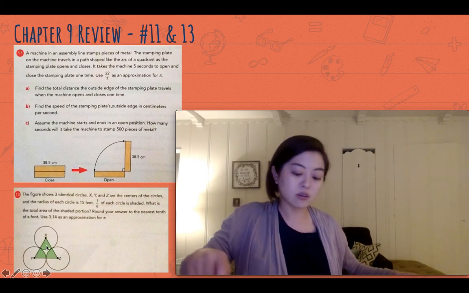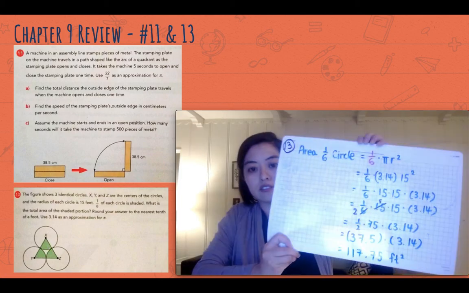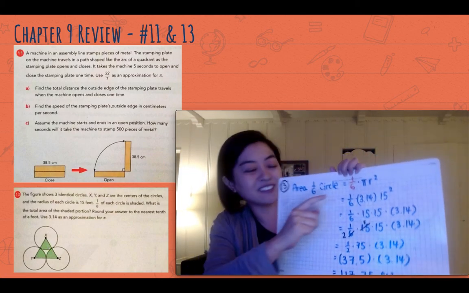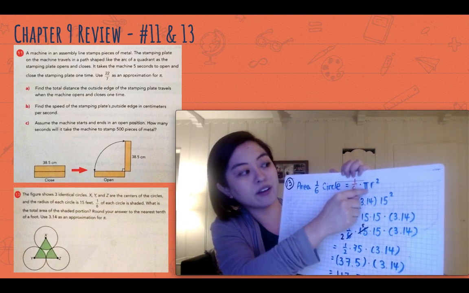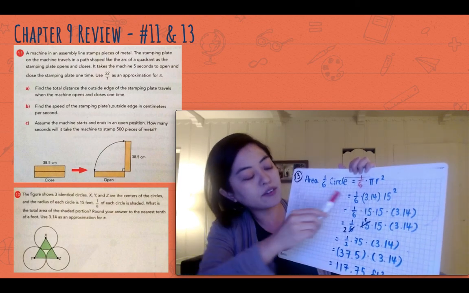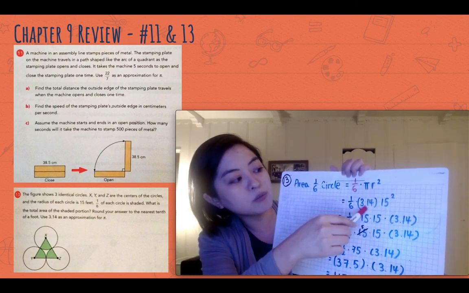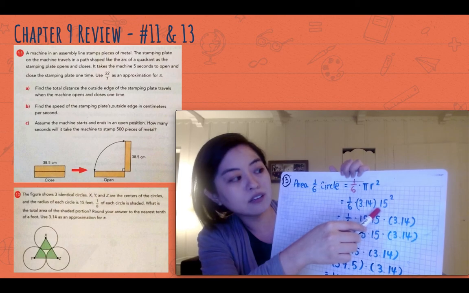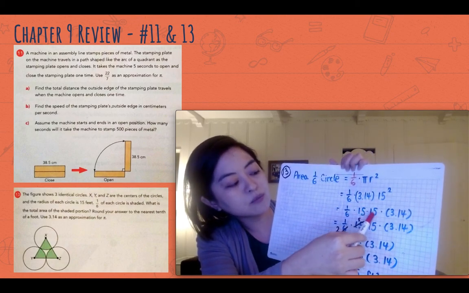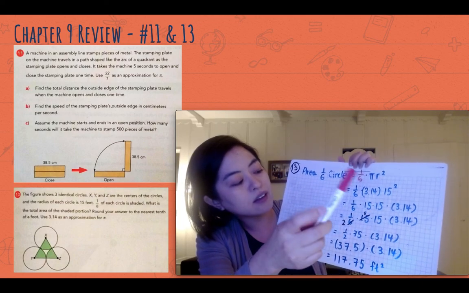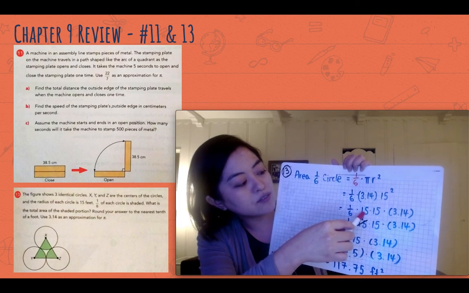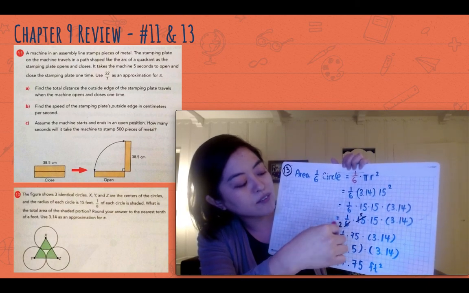And so the area of the 1/6 circle of just one circle is 1/6 times the area of one circle, pi r squared. And so when I input the values, I get 1/6 times 3.14 times the radius squared, which is 15 squared. And 15 squared is just 15 times 15. And I like that because I can do 15/6 becomes 5 halves.